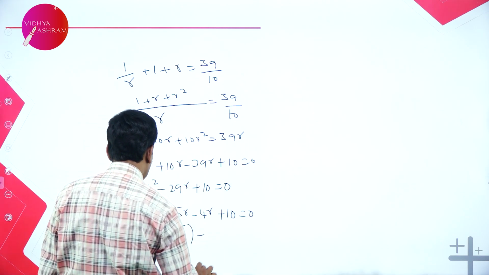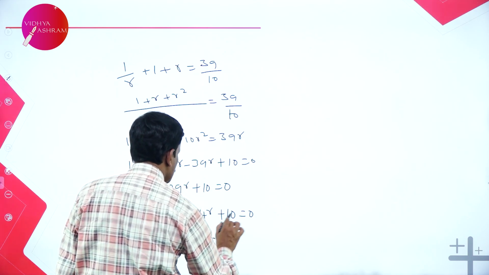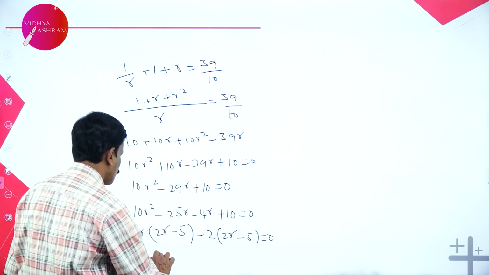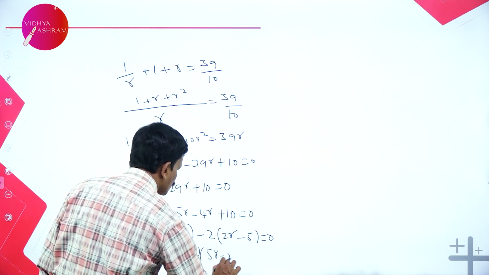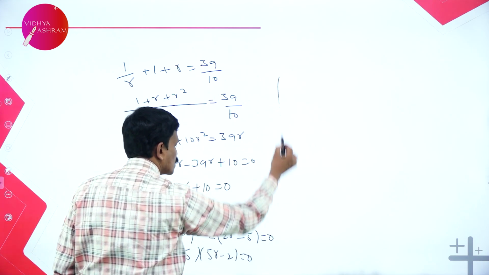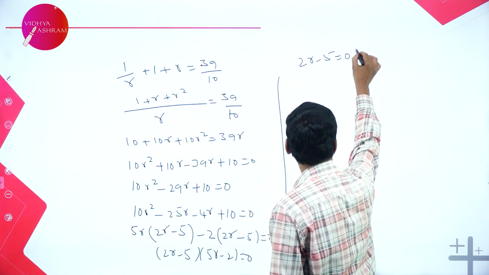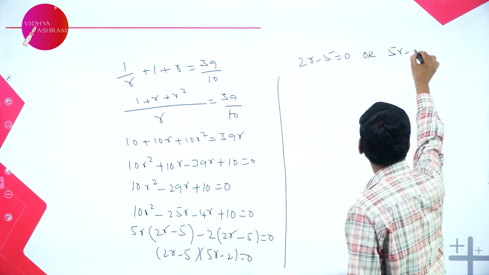Again you can take the common factor, 2 is the common factor, then 2R minus 5 into minus 2, 5 2s are 10, is equal to 0. So therefore the factors are 2R minus 5 into 5R minus 2 is equal to 0. So 2R minus 5 is equal to 0, or 5R minus 2 is equal to 0.